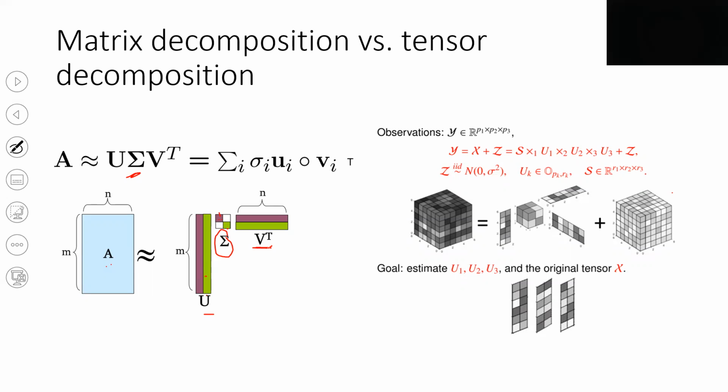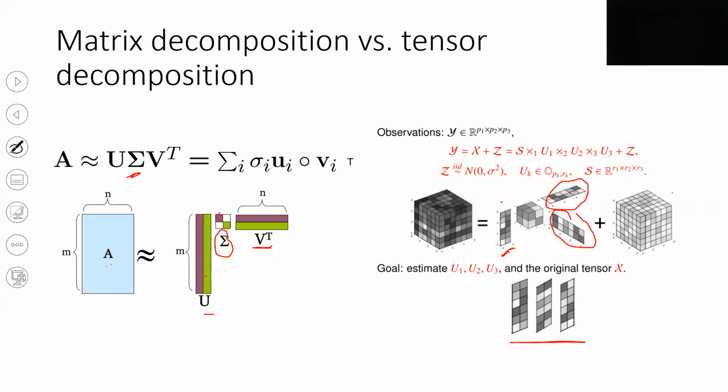Same thing, if you have a 3D array, then you decompose it first into this small matrix, and then the second matrix, the third matrix. In the middle, you have this small cube with three values in the diagonal position, and all others are zeros.